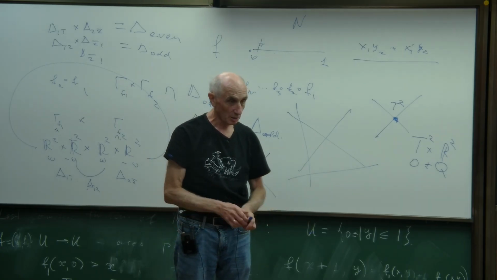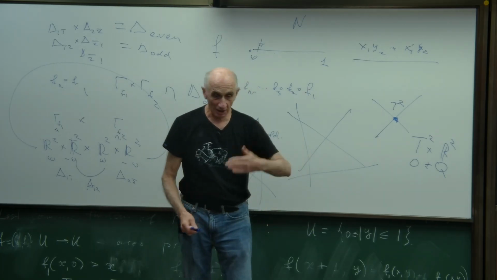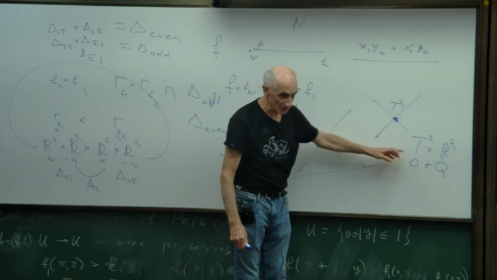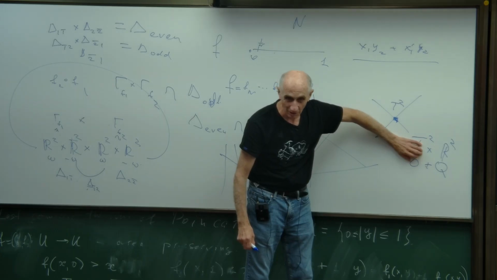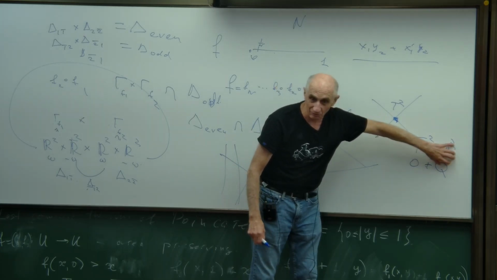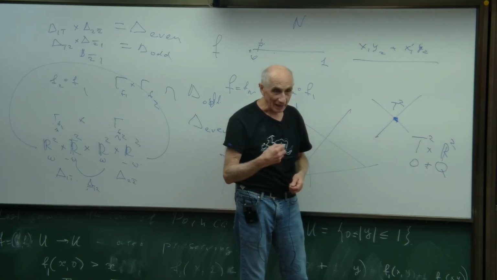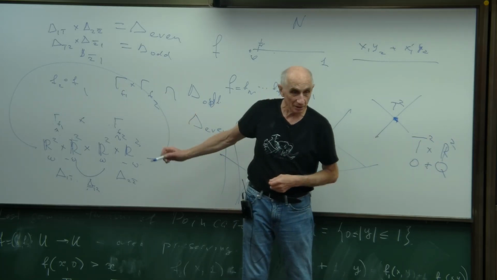So what I get is a function on torus cross R2, which does not depend on coordinates on T2 at all, but it's a quadratic form on this coordinate. But now I added some perturbation.